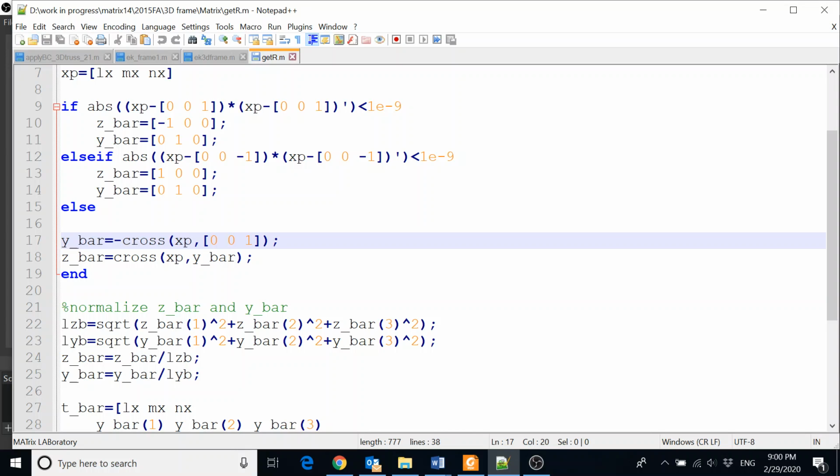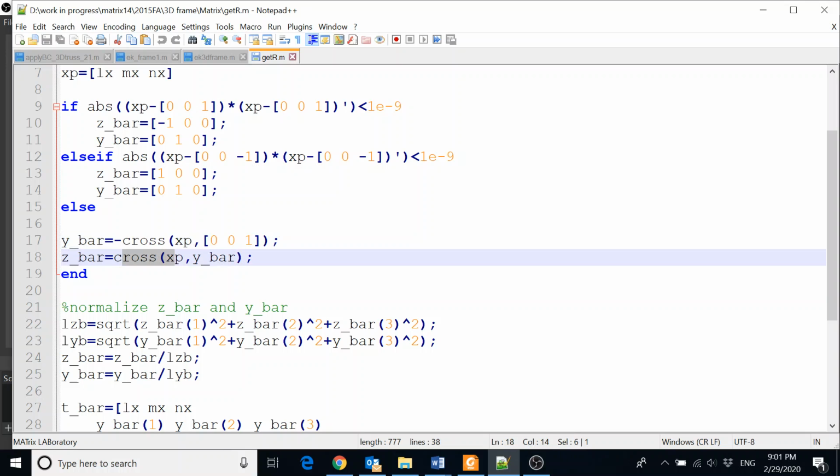Which one goes first in the cross product actually matters. To get y, in the Cartesian system, you need to use z to cross x. But here I'm using x to cross z, so there's a negative. You can just flip those two, then you don't have to use a negative. But anyway, it works. Then for the z bar, you just cross x with y bar.